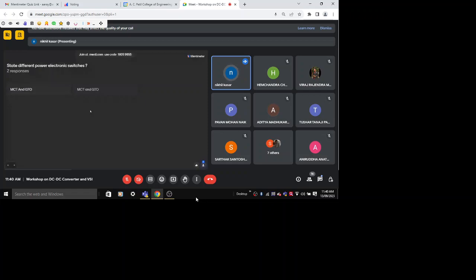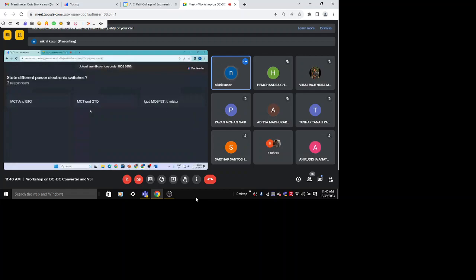Any other? SCR, right. IGBT is there. Then yes, thyristor is also there, right? So these are the different power electronic switches. Thank you for your responses.